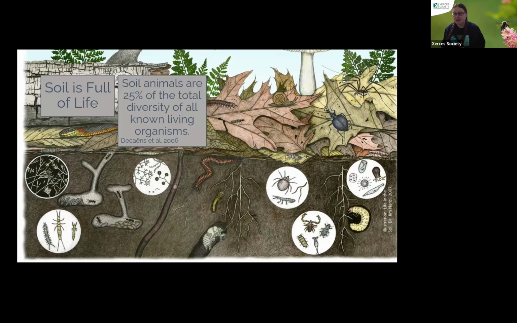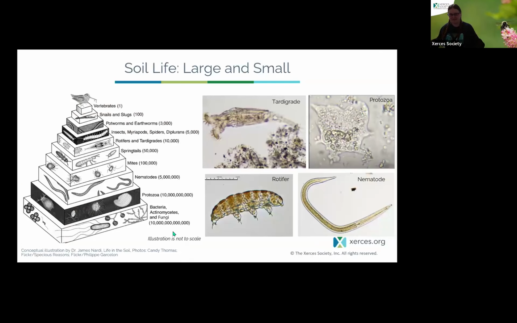So this is just a depiction of all of that diversity. About 25% of soil animals make up the diversity of all known living organisms. So that is really kind of hard to imagine. And another reason that makes studying these animals hard, right? There's a lot of them. It's hard to know everything about them.